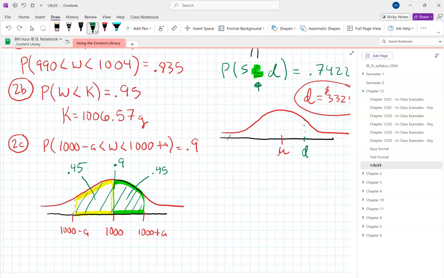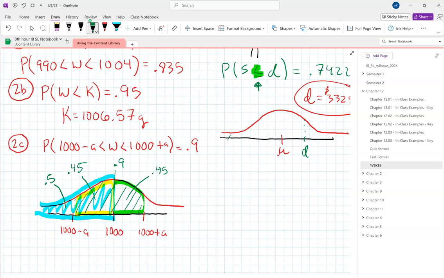Let me draw it again so it's a little bit clearer. .5, great, perfect.